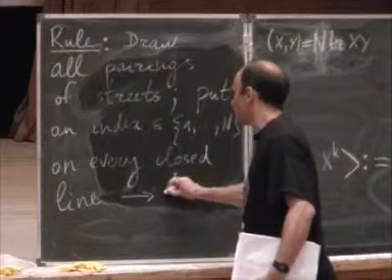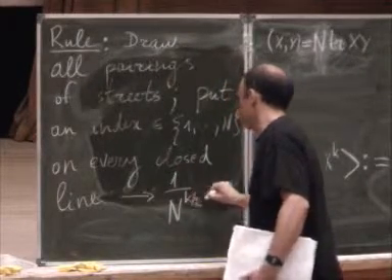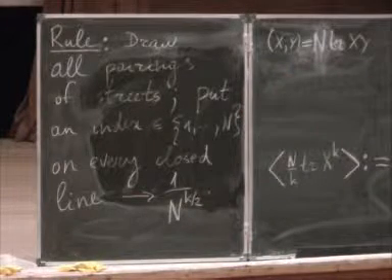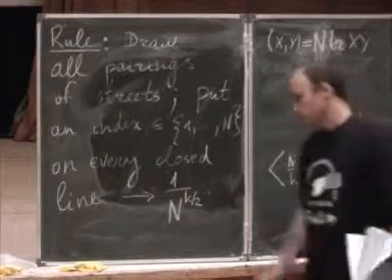This will give you 1 over N to the power K over 2. And then you sum over all possible ways to do that.